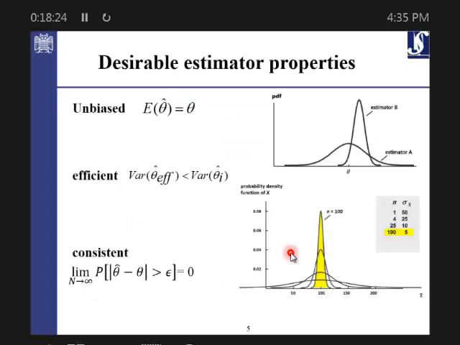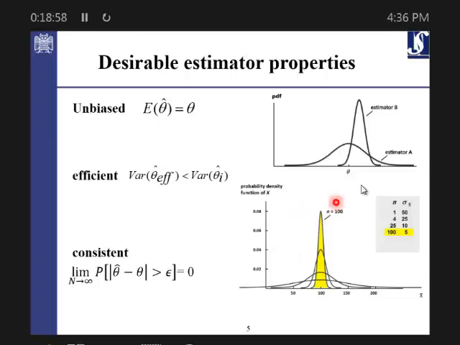So there are some desired estimator properties. These are the properties that we desire to have for any estimator. The first is we desire our estimator to be unbiased. It means that we desire the mean of the estimation to overlap with the true mean without any deviation.